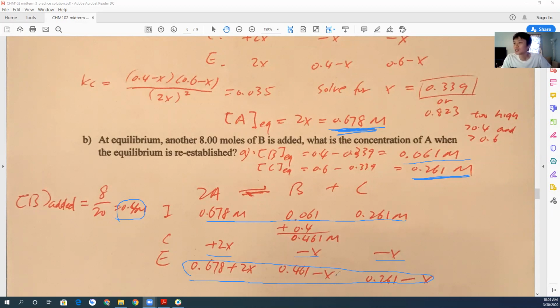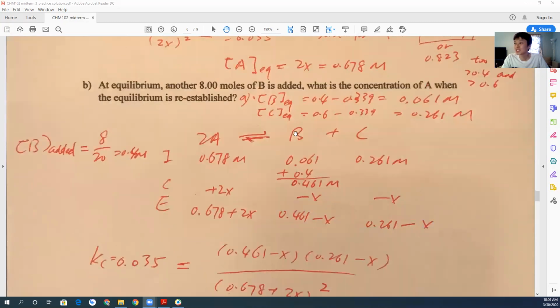In the actual exam, I won't let you actually calculate this, because it's going to take a lot of time. All I ask you to do is list the final equation, involving x being the only unknown, and you don't have to solve it. That will save you a lot of time.